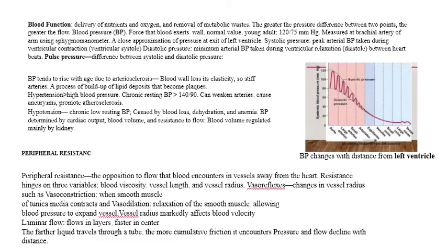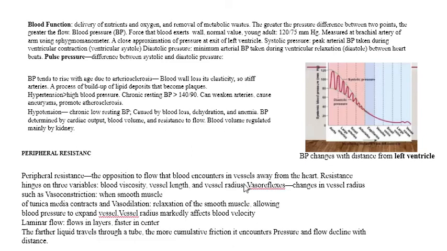Angiotensin system. For peripheral resistance, the opposition to flow, there is usually a resistance to the blood by the wall of the vessel away from the heart.